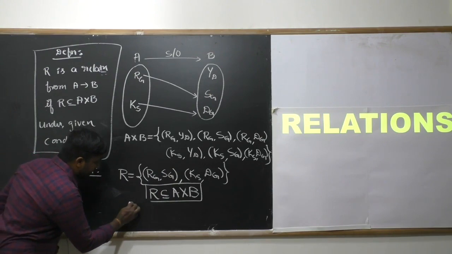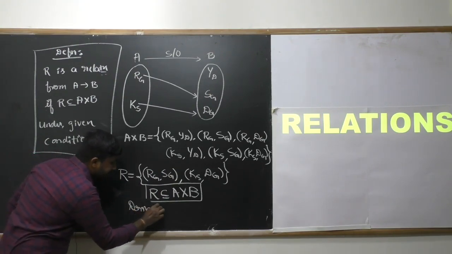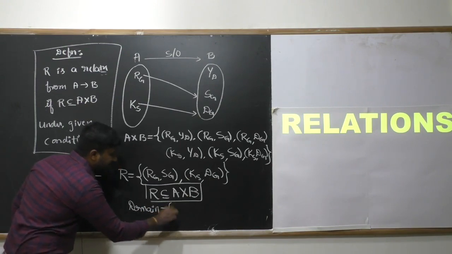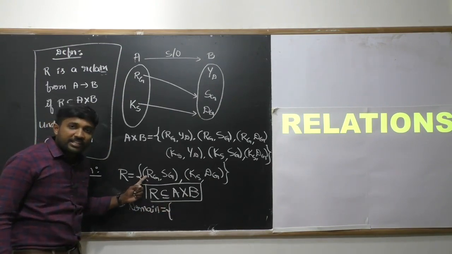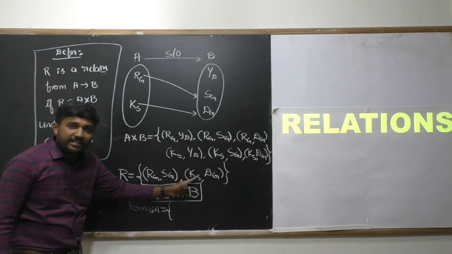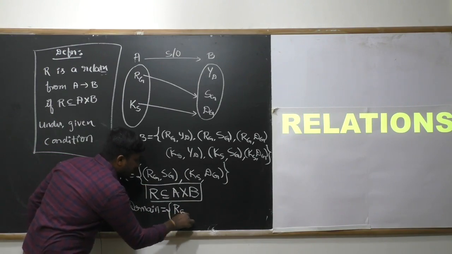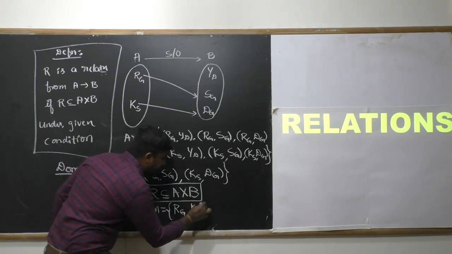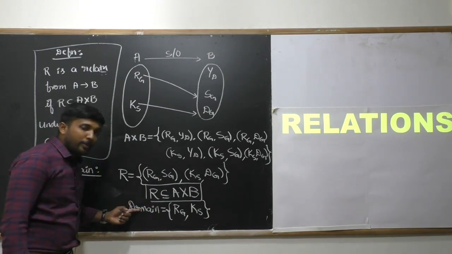Now for this example, what is the domain? Domain is equal to the set containing the first elements of the ordered pairs. What are the first elements? RG and KS, right? So the elements of the domain are RG, KS. This is the domain.